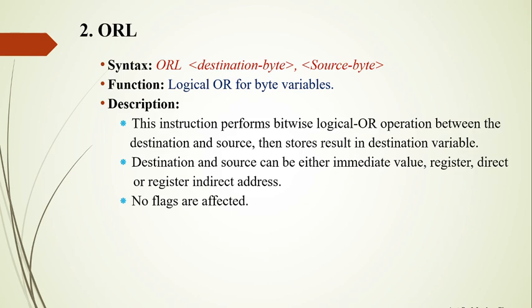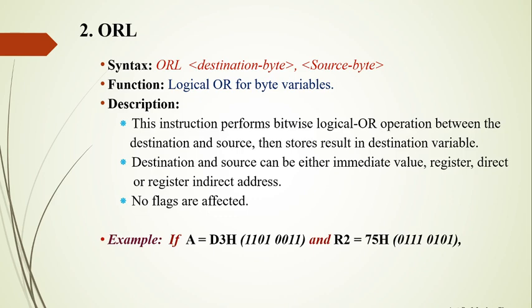Again, for the OR operation, we know that if any one variable is 1, then the result of that operation will be 1. So let's see the example. If A equals D3H, that is 1101 0011, and R2 equals 75H, that is 0111 0101.